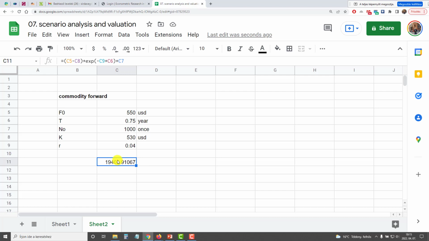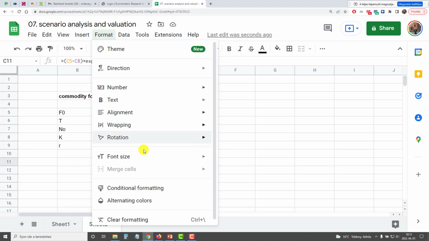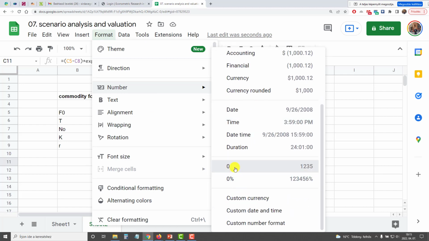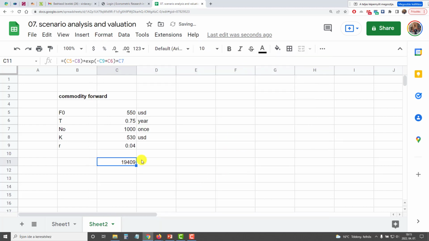In the test, I will always ask for the whole number, without any decimals. Let's format this properly. So in this case, we have this commodity forward contract.